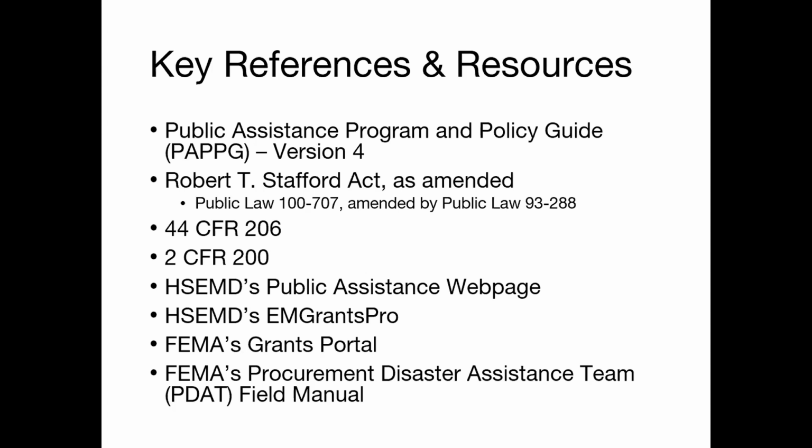You'll start the process by submitting an RPA, Request for Public Assistance, in our system, EM Grants Pro, and then create and document projects in FEMA's Grants Portal system. After projects are obligated, you'll return to EM Grants Pro to complete the project closeout and other activities. Another resource that may be beneficial to you is the PDAP. More on procurement will be covered later.